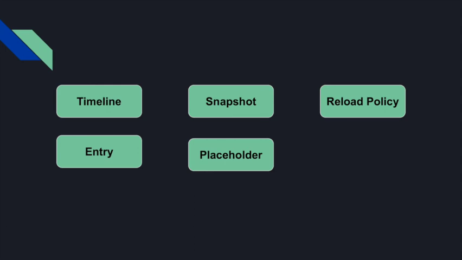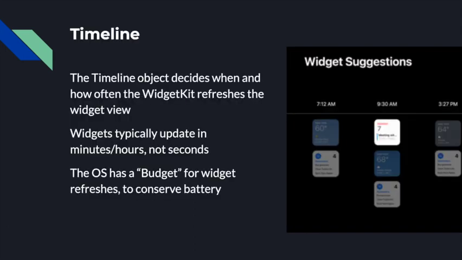There are 5 different core concepts that we can look at for creating widgets. We'll want to know about timeline, entry, snapshot, placeholder, and reload policy. And we'll look at these in more detail. For timeline, this is basically the policy that we use to specify when to show the widget.